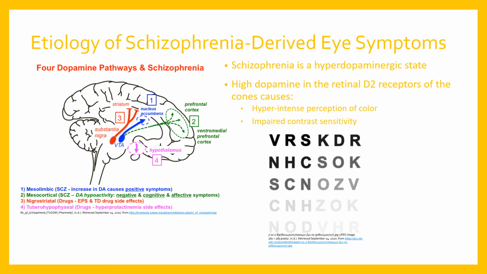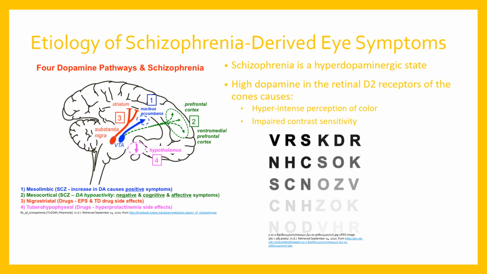In contrast, the mesocortical pathway observes a dopamine hypoactivity, and this causes negative, cognitive and affective symptoms. Some of the drugs can cause the other systems to activate too much, and some of the typical antipsychotics actually can overactivate the nigrostriatal and the tuberohypophyseal pathways.